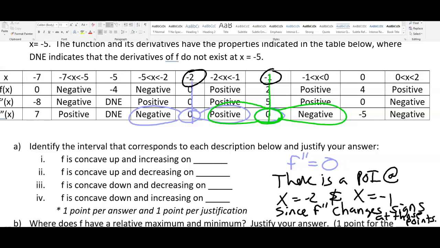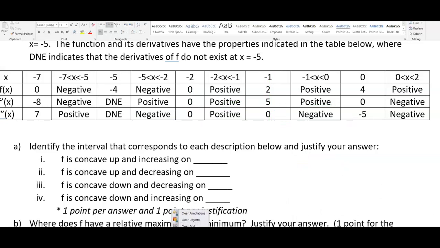Now, just for the heck of it, for the sake of your knowledge and pondering, I suppose, let's talk about the other one. What about where the second derivative is undefined? My concavity is still changing. The point still exists. We have an x value and a y value. It's a continuous function, as the problem said, so there's no holes, gaps, or jumps.